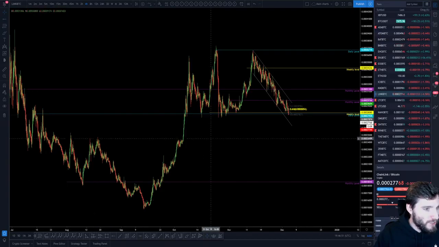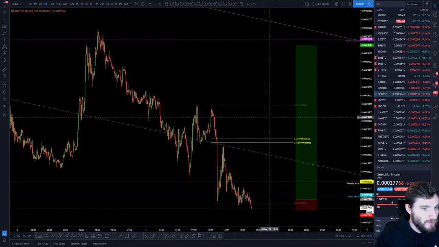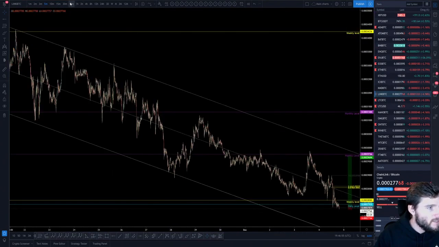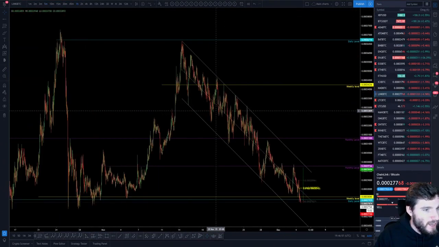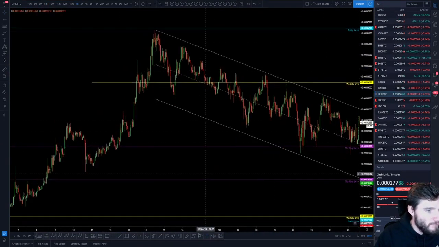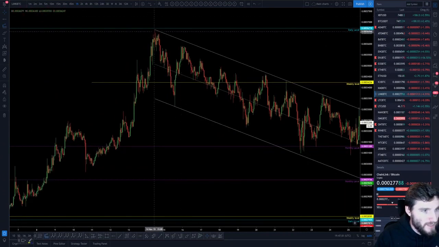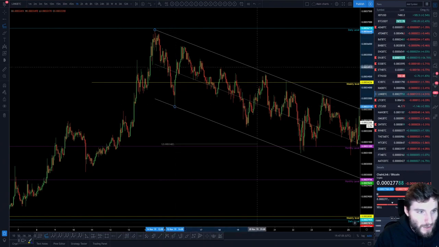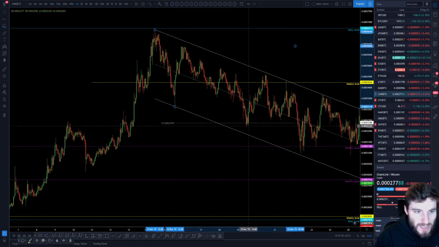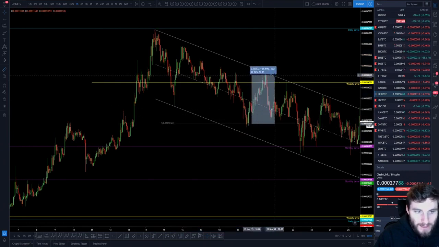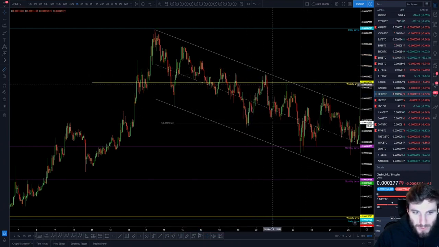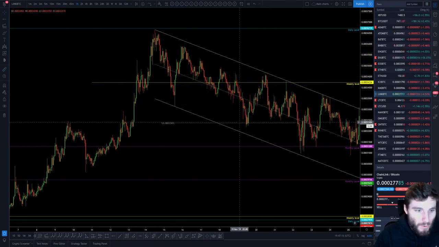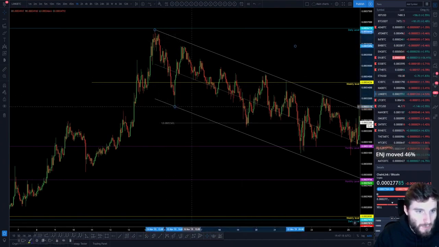I wanted to show you a few extensions that went on in Link actually. So let's come out to the 1 hour. This is an example of one of the extensions that happened on Link. You see here from the very high, down to the first low, up to the second high, you hit the 1-to-1 extension really nicely. Then that got like a 6% bounce up to the top of the channel. So that was one where I wanted to show you this 1-to-1 extension.